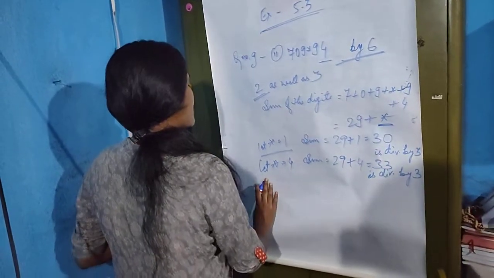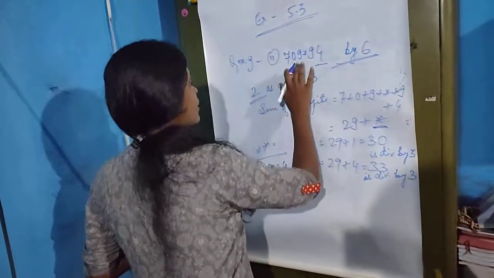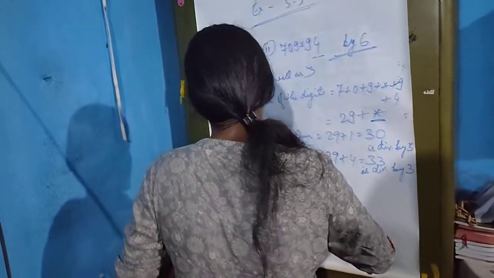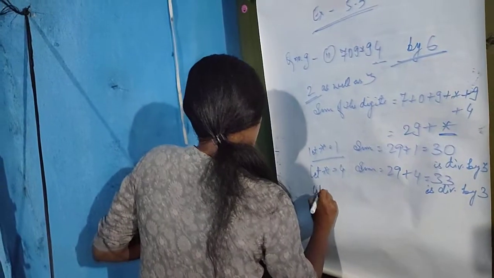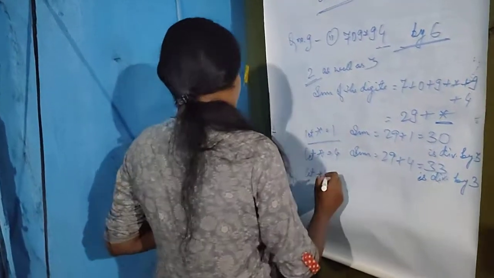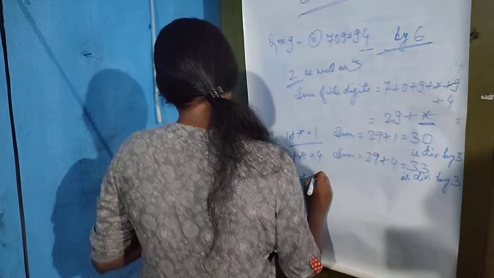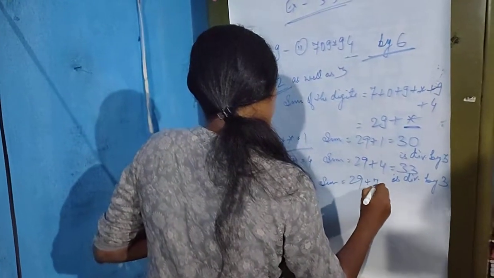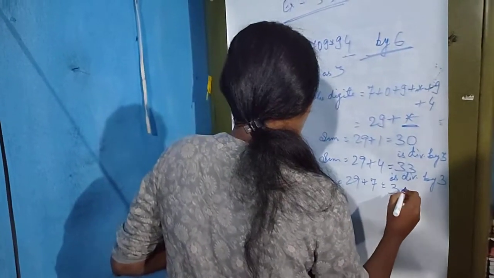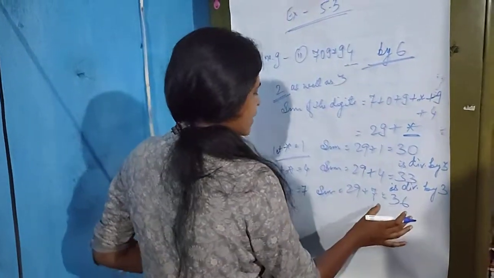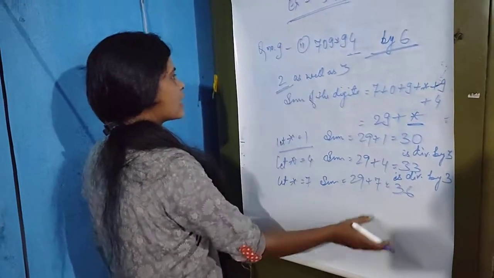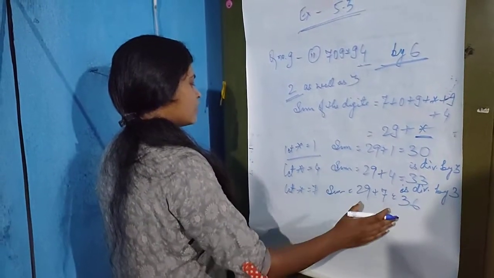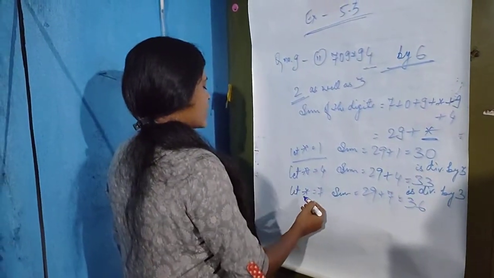Now one more value: if you take star equal to 7, the sum is 29 plus 7, that is 36, and 36 is also divisible by 3. Both conditions are fulfilled, hence this number is also divisible by 6 when you take star 7.